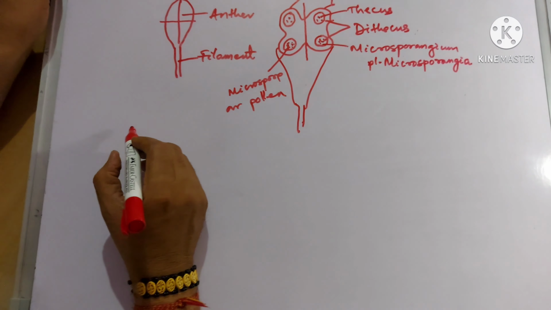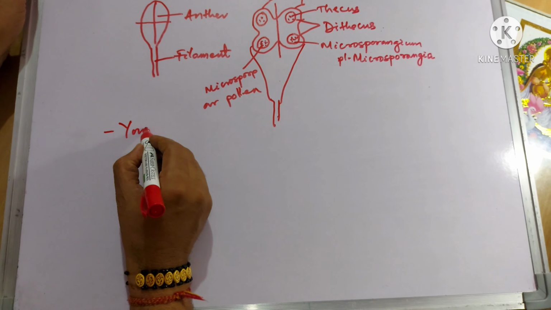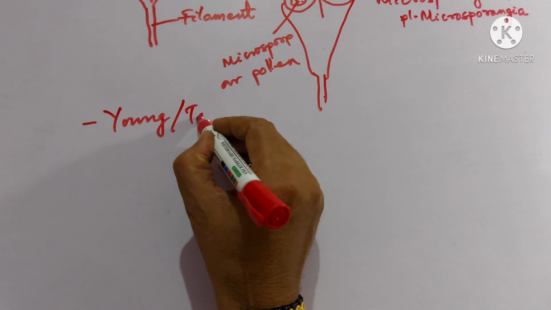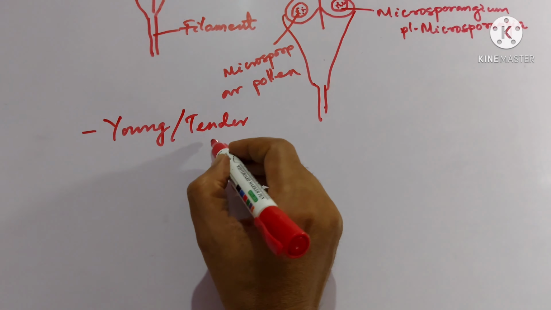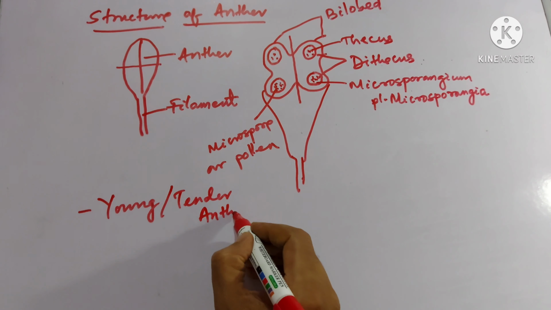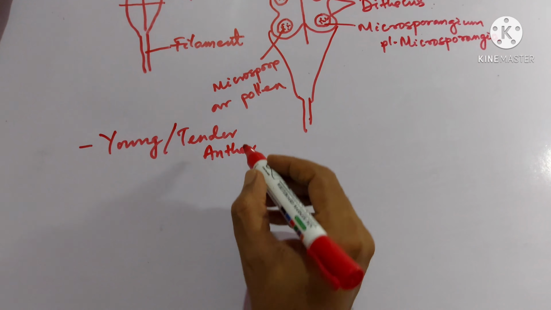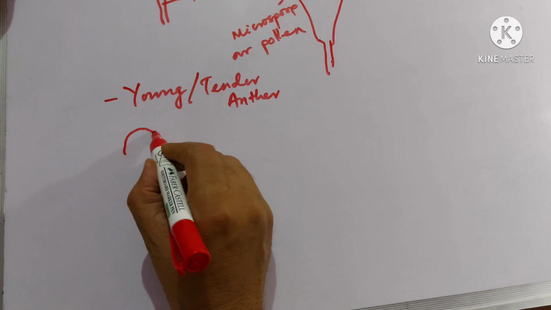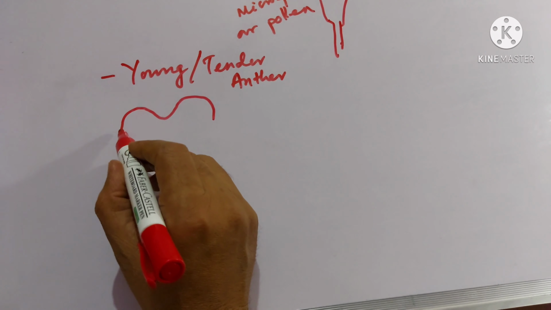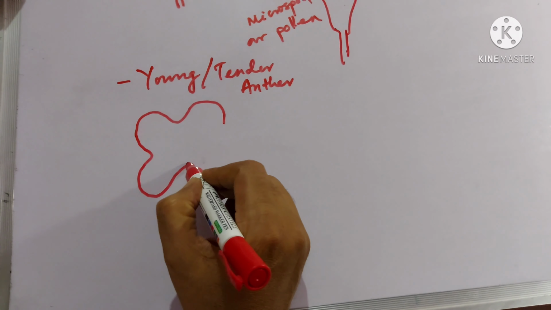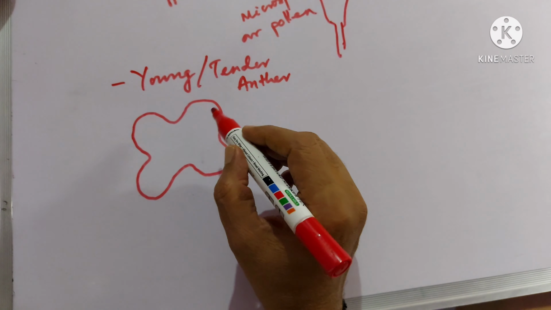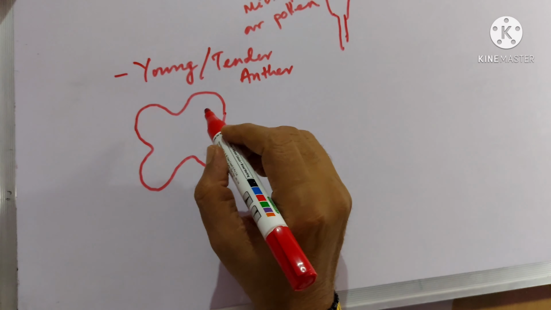So in a young or tender anther, we will find the structure like this, where there is no differentiation of any thecus or microsporangium.